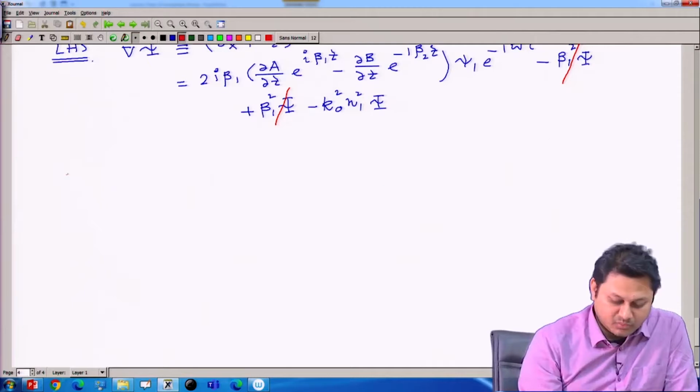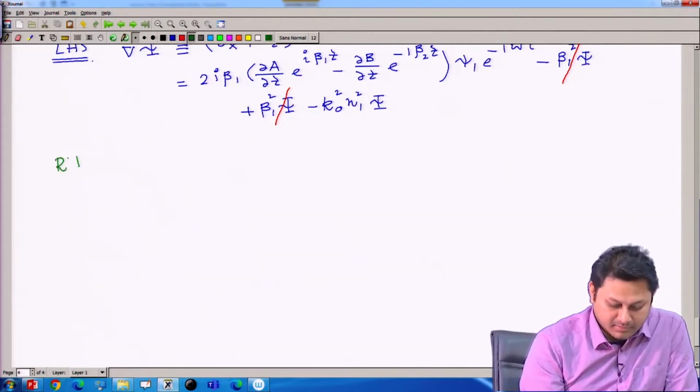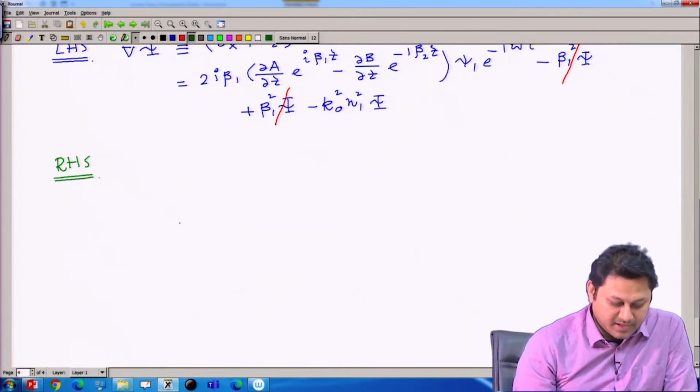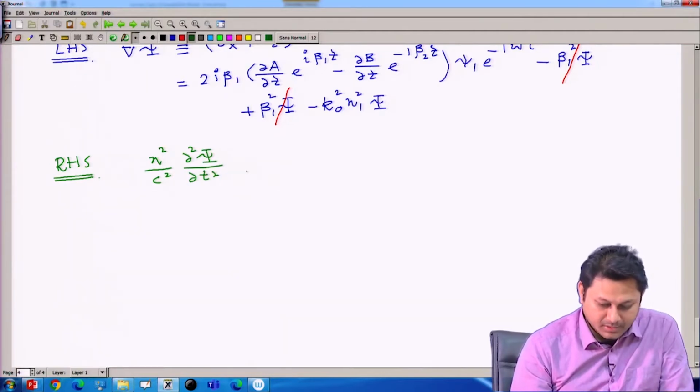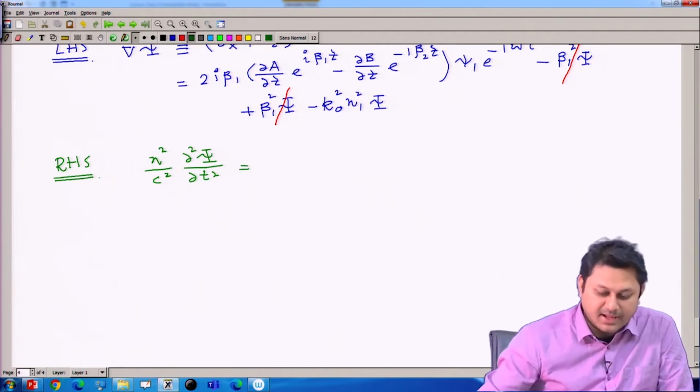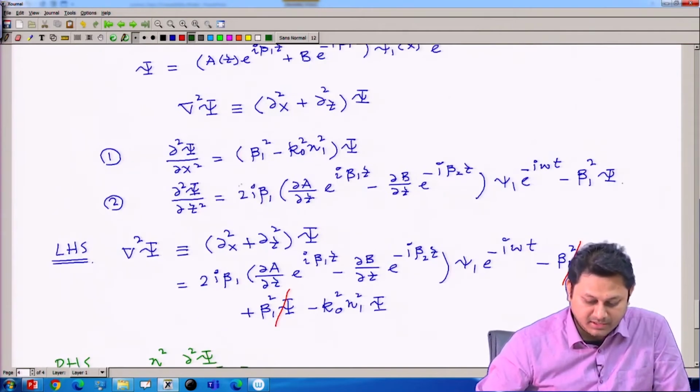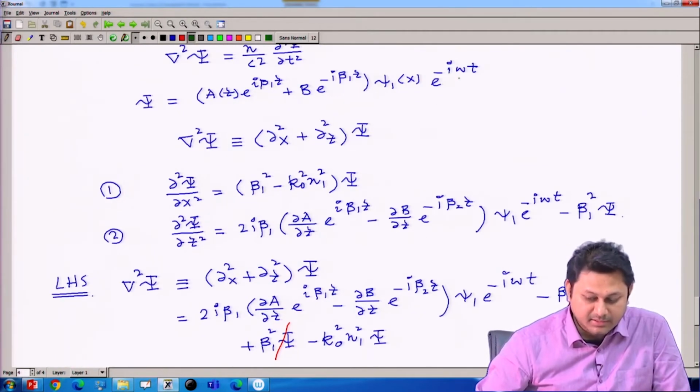Now, let us concentrate on the right hand side. In the right hand side we have n square divided by c square, del 2 psi del t square, that was the term. Now, in the psi, the t dependency is with e to the power of minus i omega t.